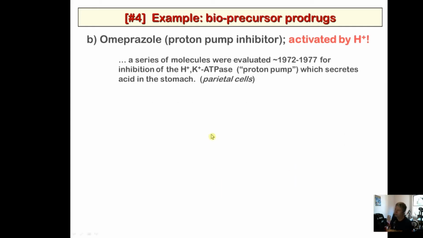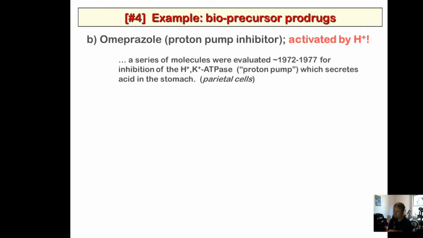So in the history of these proton pump inhibitors, a bunch of molecules were looked at in the early to mid-70s for the inhibition of the proton potassium ATPase, which is also called the proton pump. It secretes acid into the stomach, and that's used for digestive purposes to break down foods.